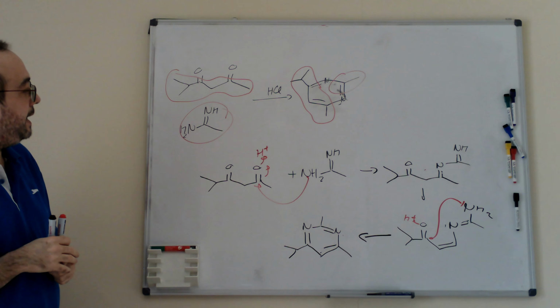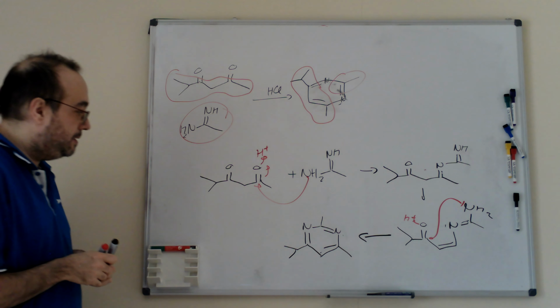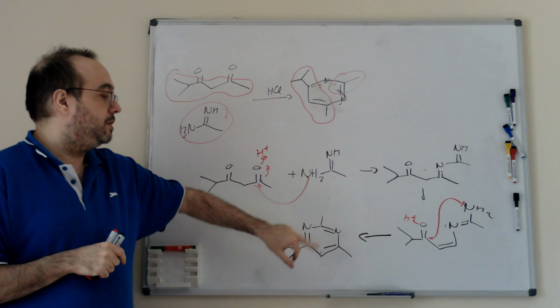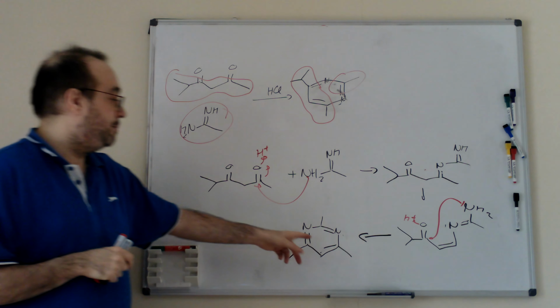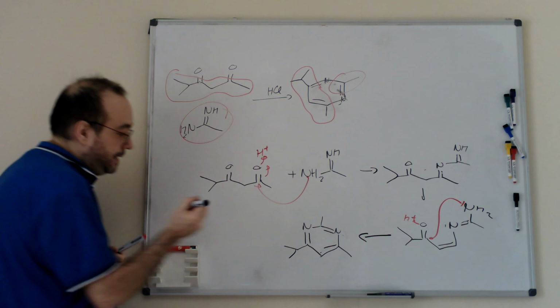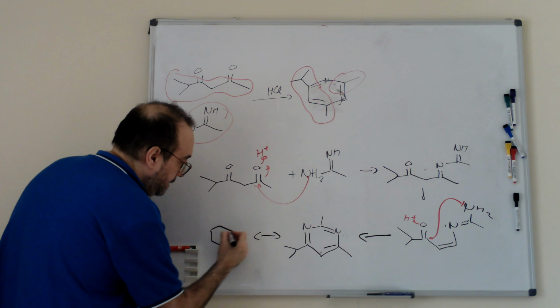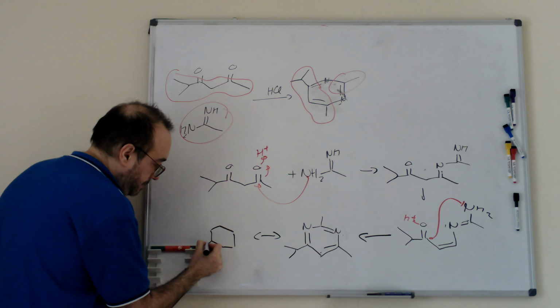Okay, in the case that you choose the other order, the only thing you need to do is move a little bit the electrons of the six-member ring. Remember that this is in equilibrium with this compound.